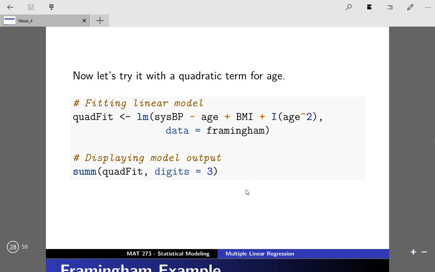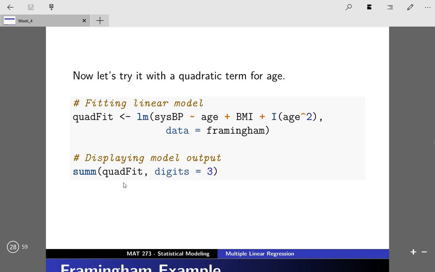It's just letting R know you have a function of an explanatory variable, so it needs to make this column beforehand and then input it to the model for you itself. So it does a lot of work under the hood for you, which is nice. Here we're modeling systolic blood pressure of people using their age, their BMI, and their age squared, because maybe we think for some reason there's this quadratic relationship between blood pressure and age.